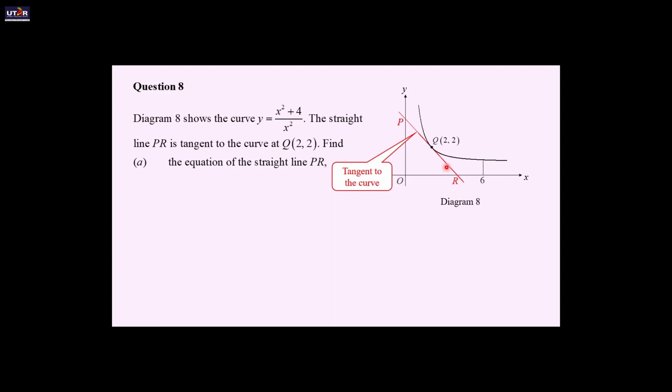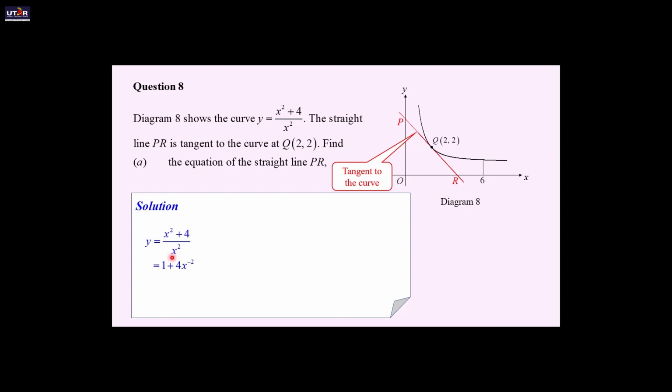Therefore, in order to find the equation of the straight line, we first have to determine the gradient, where the gradient of the tangent to the curve can be obtained by using the derivative dy/dx. So first, we have to differentiate the function y. Instead of using the quotient rule, I will simplify the function first.